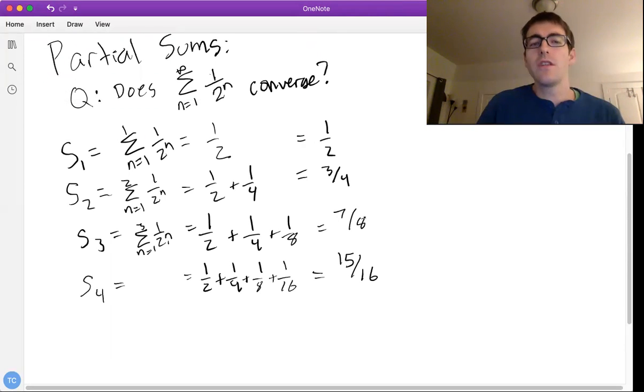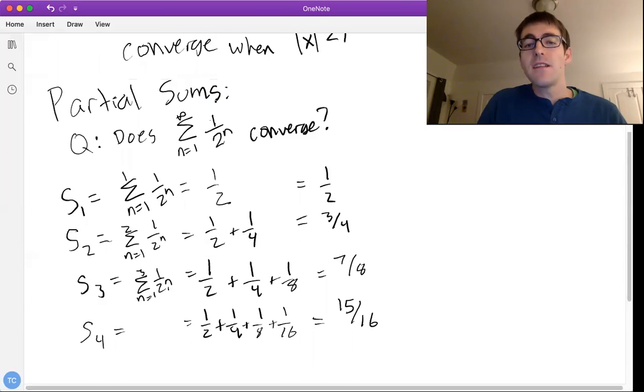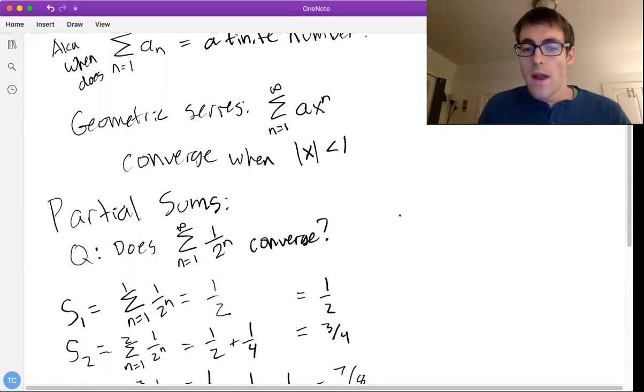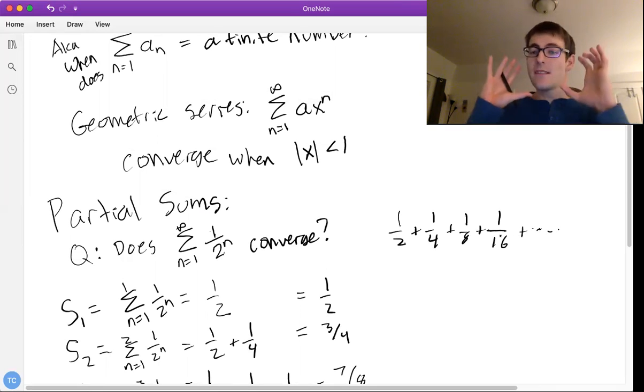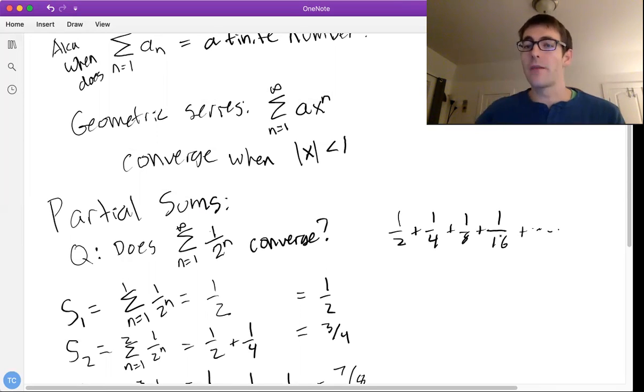Our main question is, does the infinite sum 1/2 plus 1/4 plus 1/8 plus 1/16, etc., equal a finite number? That's the series that we're talking about.